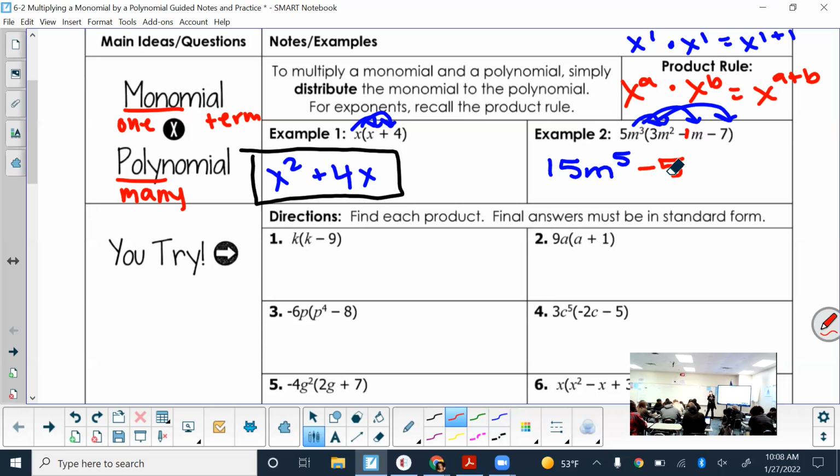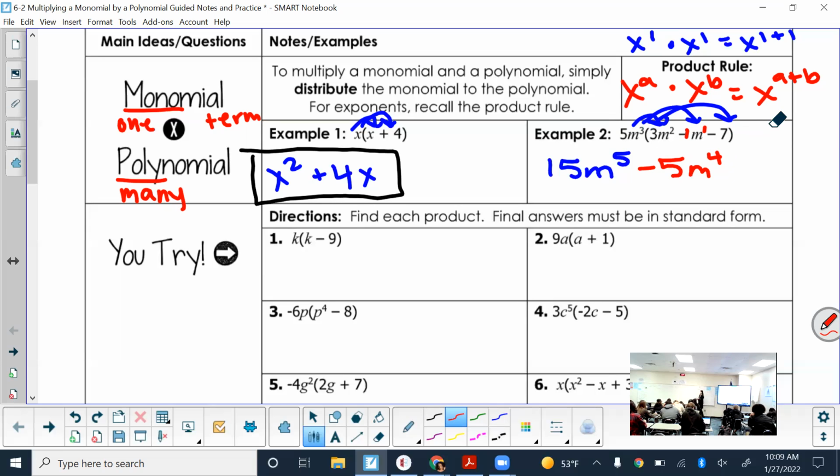Negative 5. And then on the variables, use that product rule. So m cubed times m is m to the 4. Right, because what's the exponent if it's not written? 1. So 3 plus 1 is 4.